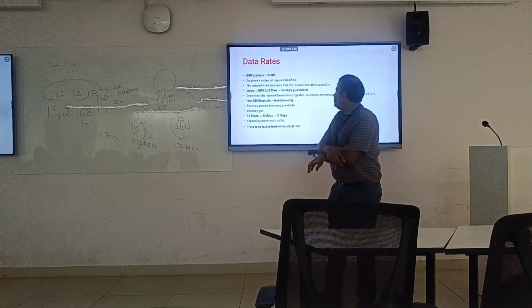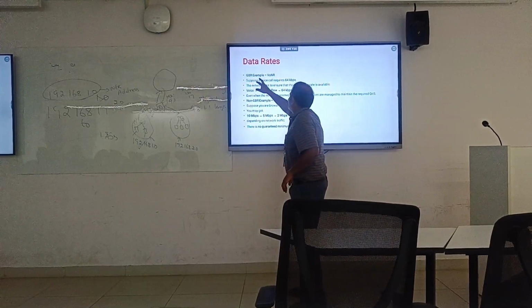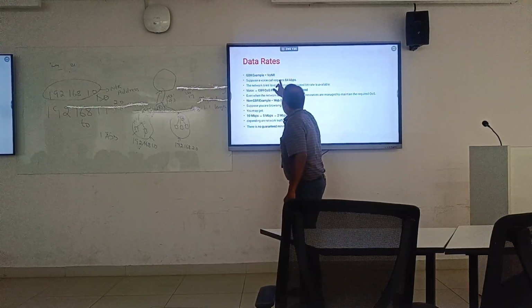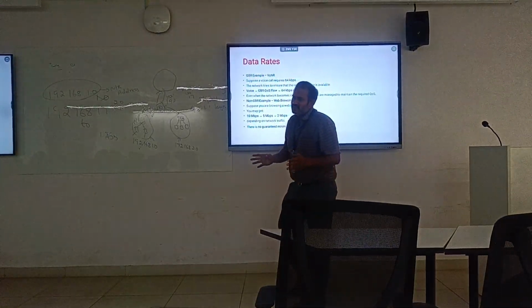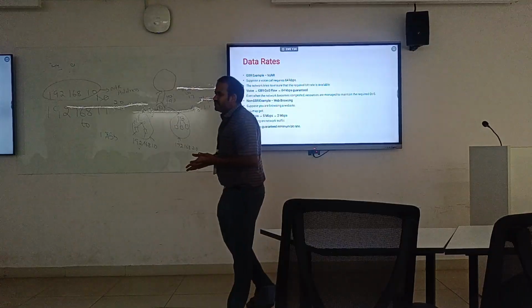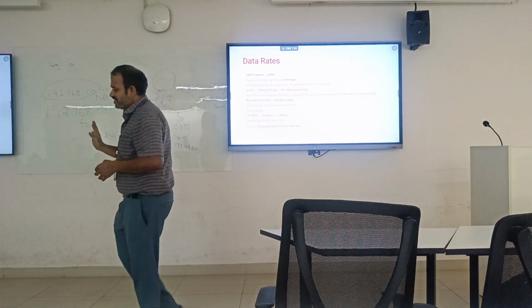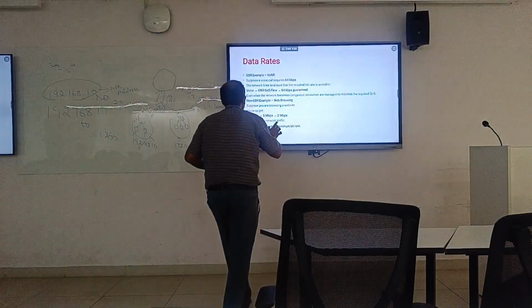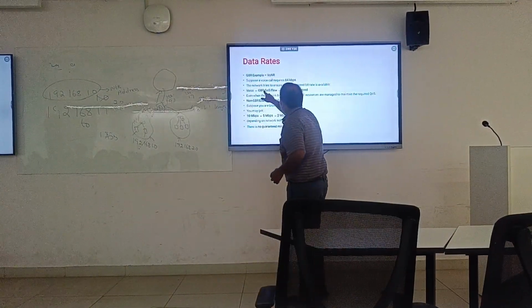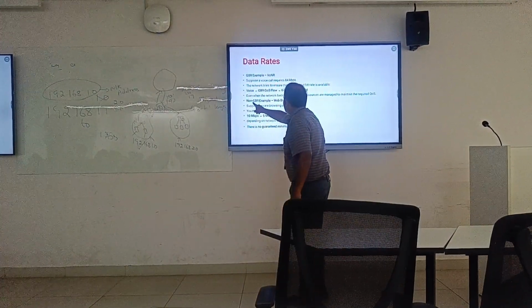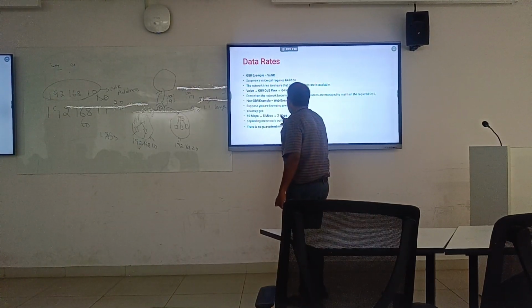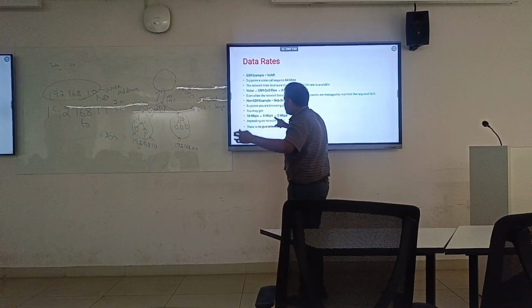So GBR example: voice over NR. A voice call normally requires a very small data rate, right? Okay, it is in the form of kbps. Okay, 64 kbps, and a GBR QoS flow. And non-GBR, web browsing. Okay, so you may get 10 kbps, 5 kbps, 2 kbps, depending on the traffic.